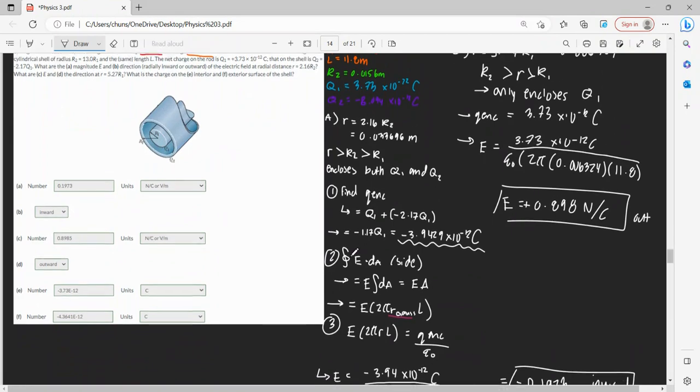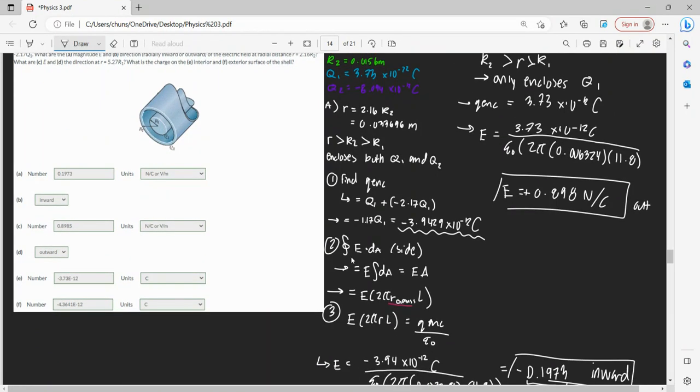Okay, so at the inner surface, we know that we are only dealing with Q1 because when we have conductors, all of it just collects at the surface, right? So that means Q2 only collects at the outer surface of the surrounding shell, and doesn't have any charge inside. So that's why we are only using 3.73, which is our charge for Q1, for part D.